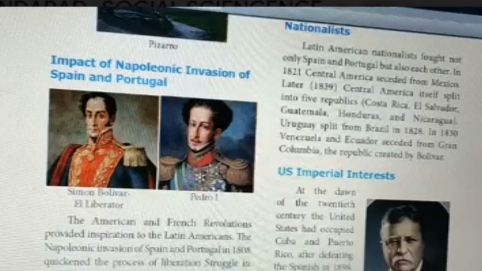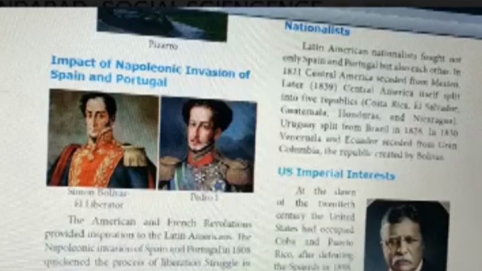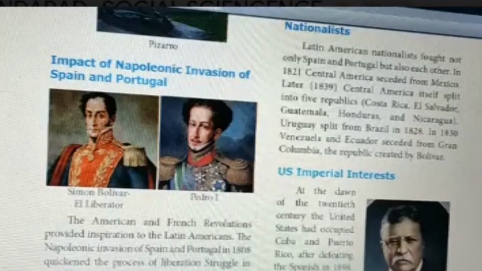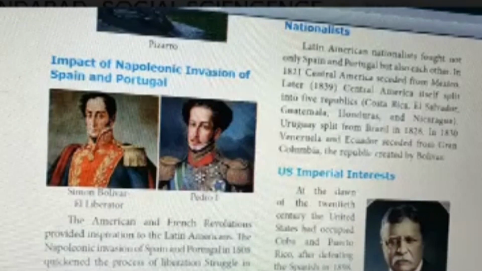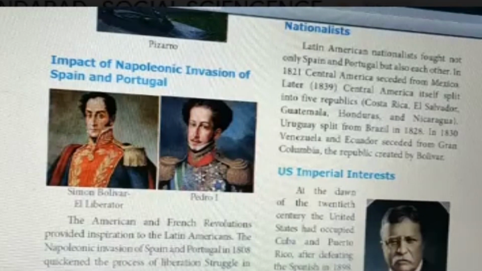Next, as it was already planned, President Monroe of the USA said that he would issue a document, and this rule took care of America. These rules said clearly that any Europeans who interfere in the affairs of America, either north or south, would be considered as waging war against the USA.